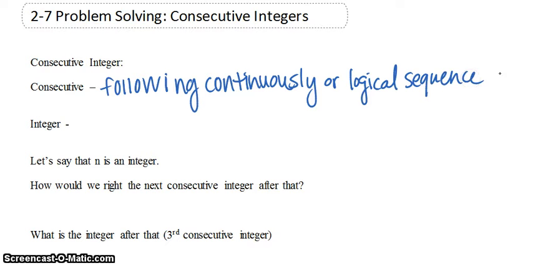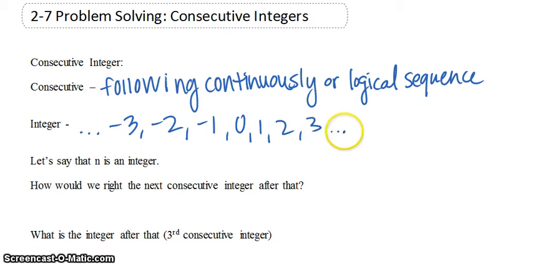And integers, it's kind of hard to say what they are. Really, it's what you think of as whole numbers, like 0, 1, 2, 3, 4. Those are all whole numbers, but integers also include the negatives, like -1, -2, -3, and so on and so forth. So I'm going to represent it by this: -3, -2, -1, 0, 1, 2, 3, because it goes either way.